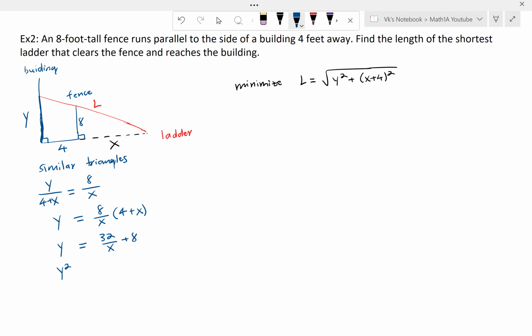So y squared is (32 over x plus 8) squared. And now we can do the substitution in here. L is the root of (32 over x plus 8) squared plus (x plus 4) squared.